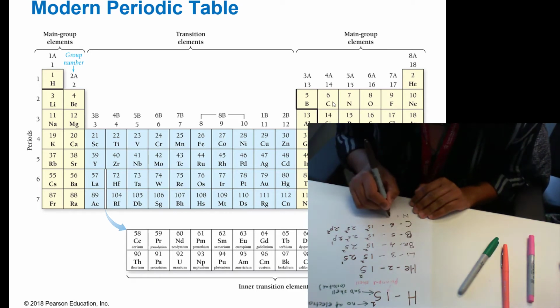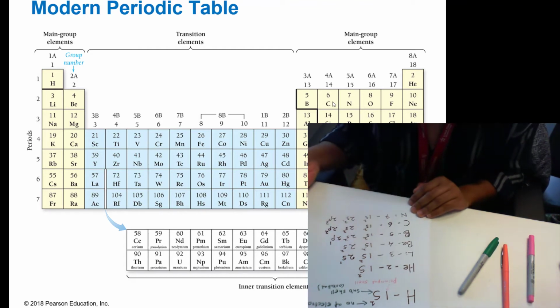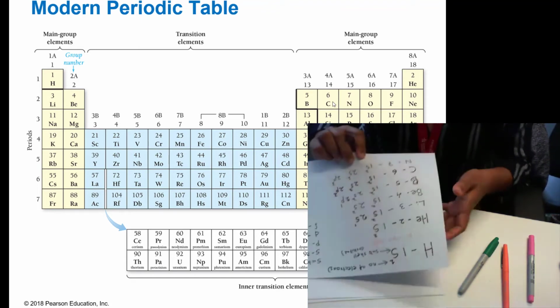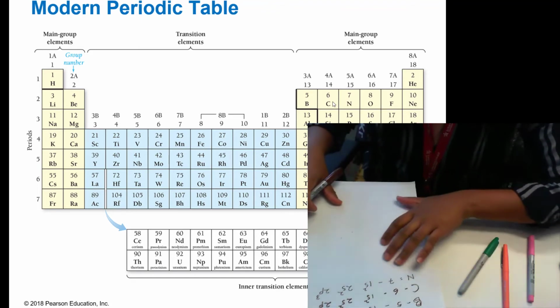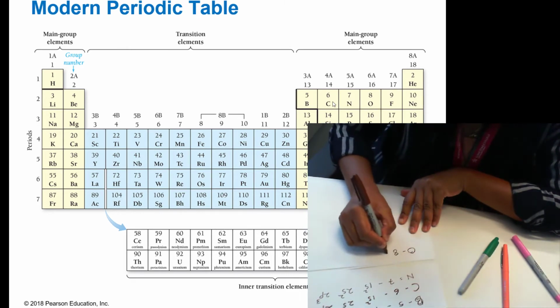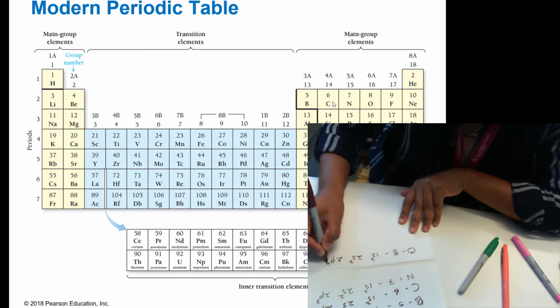Nitrogen, 7 electrons, gives 1s2, 2s2, 2p3. Then you go to oxygen, 8 electrons, 1s2, 2s2, 2p4.